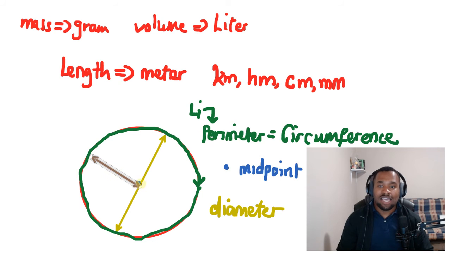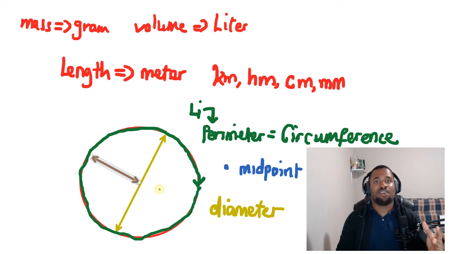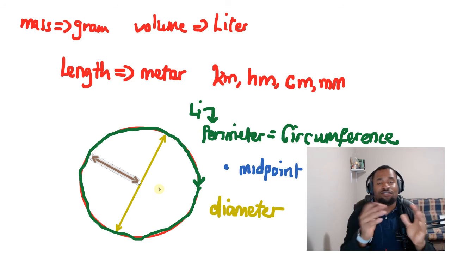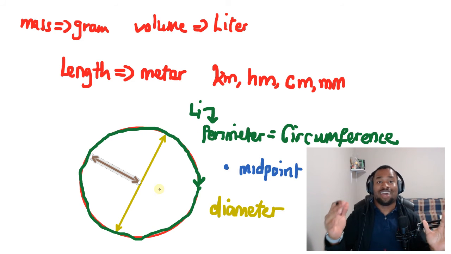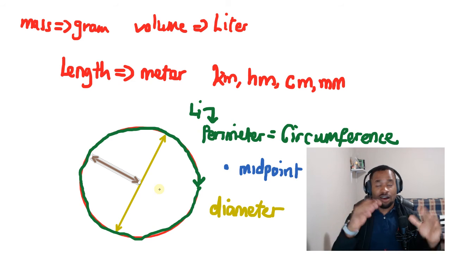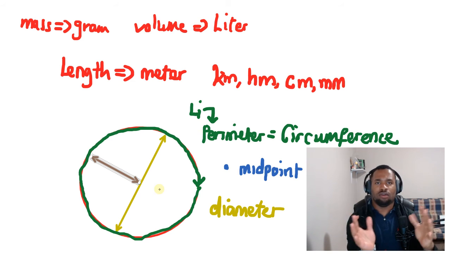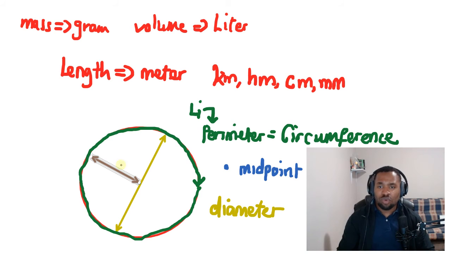So in theory, practically speaking, if you have a perfect circle where one side is equal to the other sides of the circle, not kind of like an oval shape, half of the diameter should be the brown line that we see right here, and this brown line is called what?